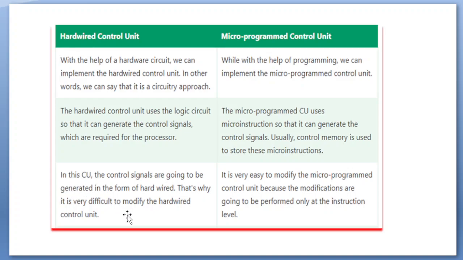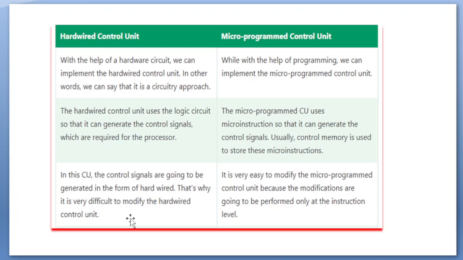Next, in the hardware control unit, everything is generated in the form of hardware. That's why it is very difficult to modify the hardware control unit, since it is a circuitry approach.